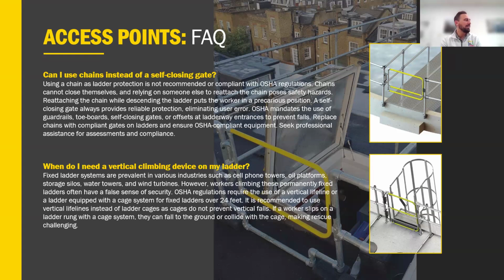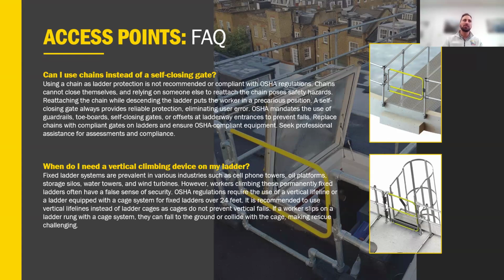And what that meant is, in the mid-'80s, a letter of interpretation was sent to OSHA saying, hey, can we use chains instead of gates at the top of ladders? And OSHA came back and said, yes, as long as they provide protection at least as effective as a swing gate. New code comes out 40 years later, and they say, now you need to use a self-closing gate.